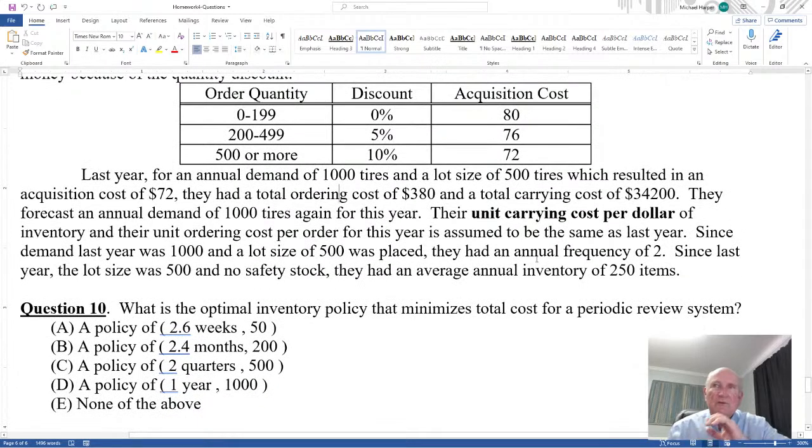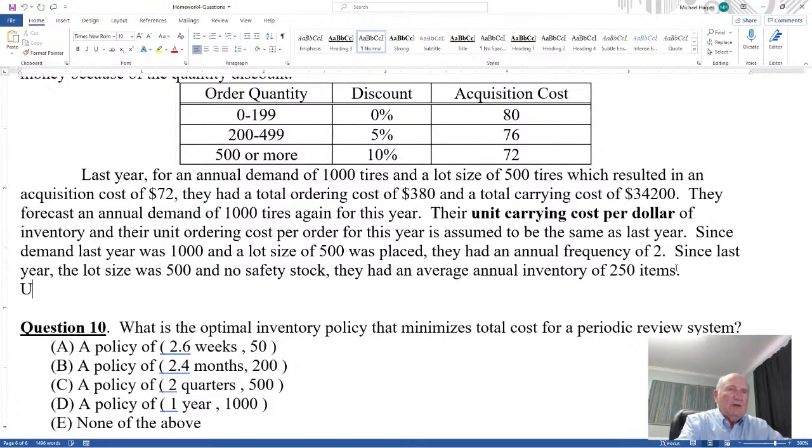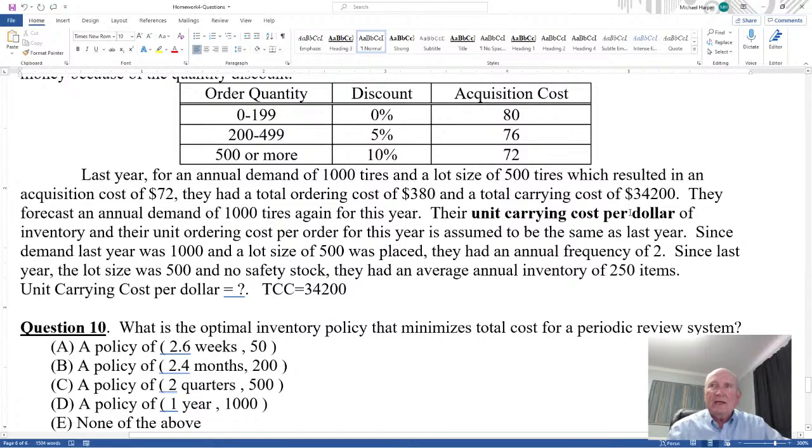So in this problem, the first thing you do is you say, what is my unit carrying cost per dollar? Question mark? Well, we can see here that the total carrying cost is 34,200. I brought that up down here.